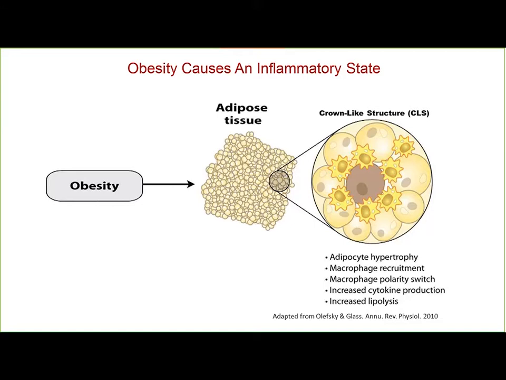Importantly, in obesity, one also sees increased lipolysis secondary to insulin resistance, and saturated fatty acids in particular can activate macrophages, leading to a pro-inflammatory state. So during the remainder of the presentation, you'll hear me use the term crown-like structure, or CLS, or crown-like structure of the breast, or CLS-B, and that refers to this morphologic entity.